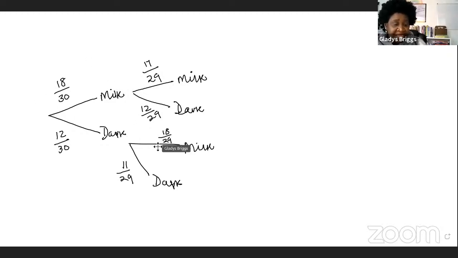Now we've drawn the tree. That's the first part of the question, and it says 2 milk chocolates. So milk and milk would be 18/30 times 17/29.